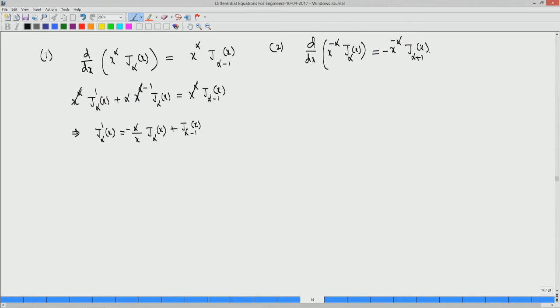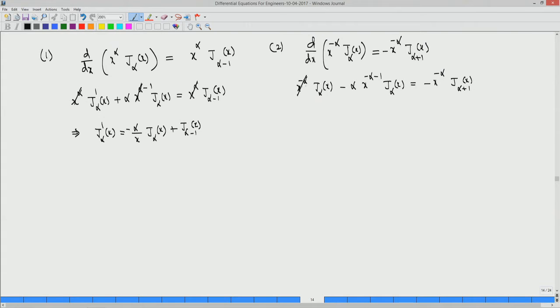Again you do the same thing, expand the left hand side: x power minus alpha J alpha dash of x, and this will be minus alpha x power minus alpha minus 1 into J alpha of x, equal to minus x power minus alpha J alpha plus 1 of x.